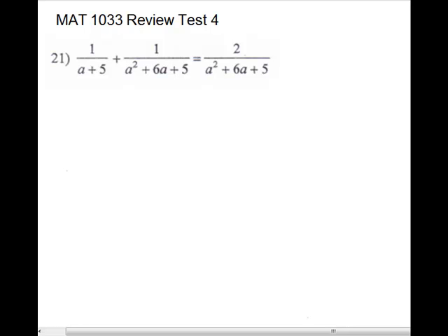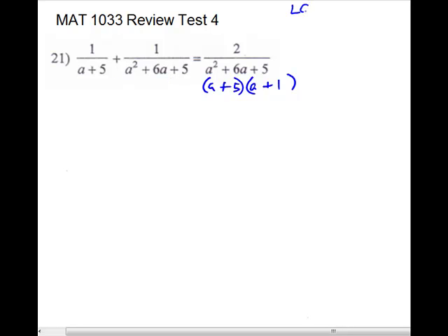For problem 21, we are going to find the LCD and multiply all the way across by it. So first we have to factor this denominator to see what the LCD will be. These are both going to be a plus, and a 5 and 1 will work there. This a plus 5 is also covered in that one, and this will give us the same.